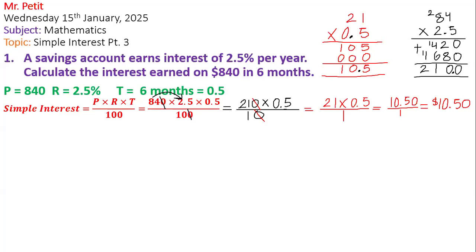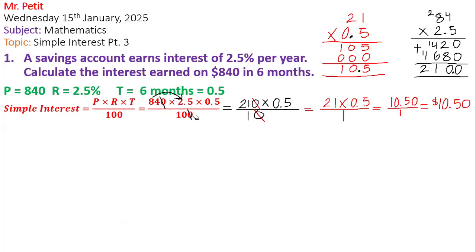So basically, the simple interest or the interest earned is going to be $10.50. And how do we do that? All we did was very simple. Let me erase this. We cancel out the zeros.